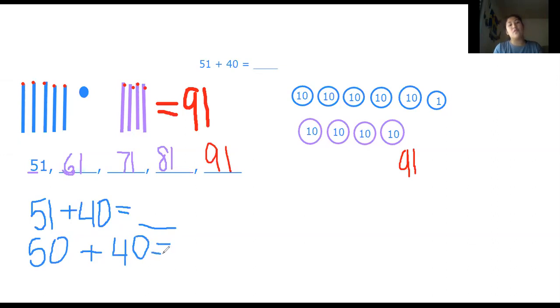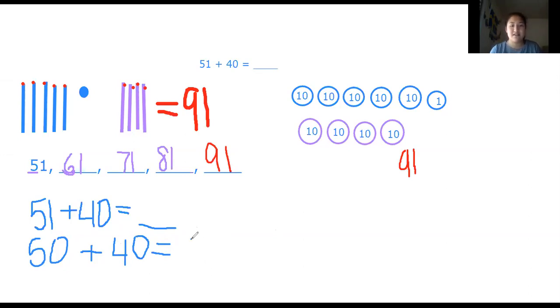If I know what 5 plus 4 is, how can that help me solve 50 plus 40? That's right. If I know that 5 tens plus 4 tens is equal to 9 tens, then it helps me solve the problem: 50 plus 40 equals 90.